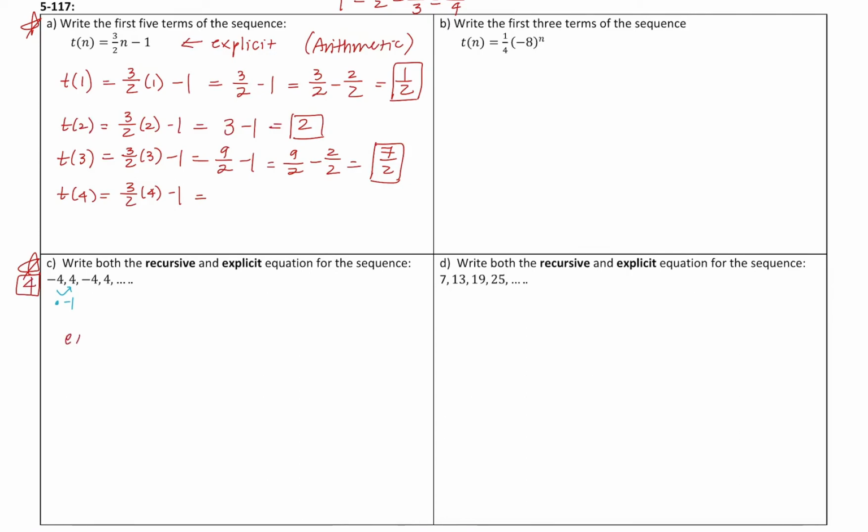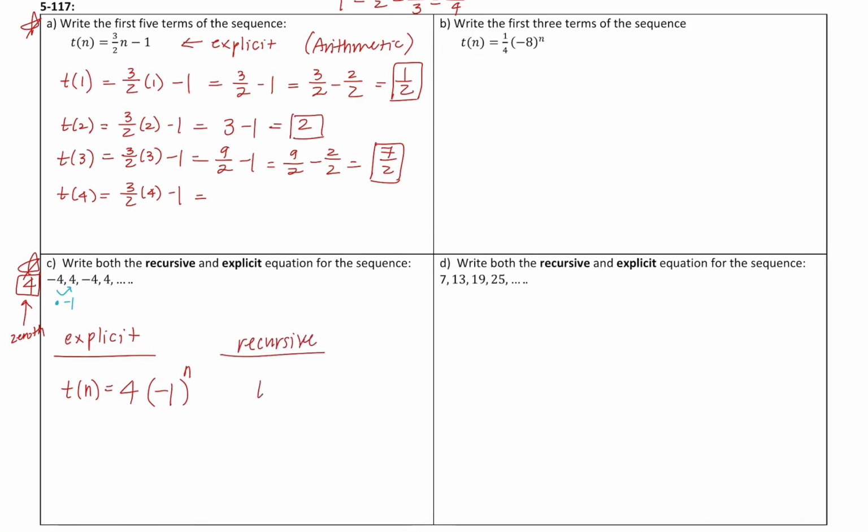Now I'm going to start by writing the explicit equation first. You start with the 0th term, which is going to be positive 4. That's my 0th term. And then the multiplier is -1 raised to the power of n. Done. Moving on to recursive.